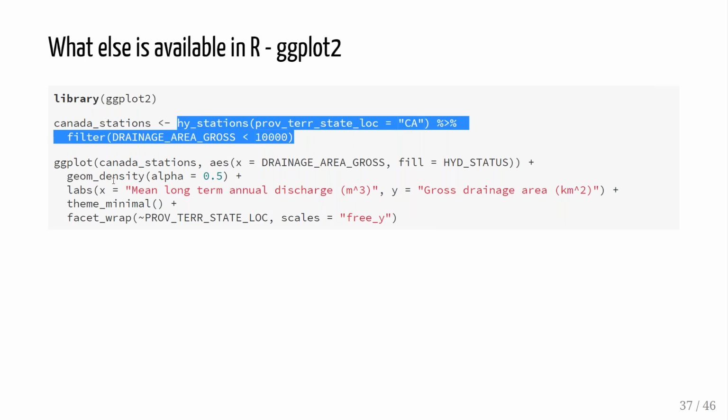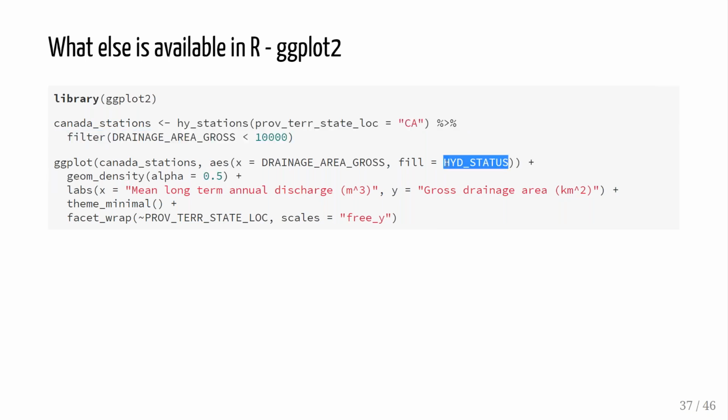And then I'm interested in comparing discontinued versus active stations. What I can do is map that variable to the fill of some plots, and I want to map it as a density plot, which is like a continuous smoothed-out histogram, and it scales things so that you can compare the distribution of variables of different magnitude.